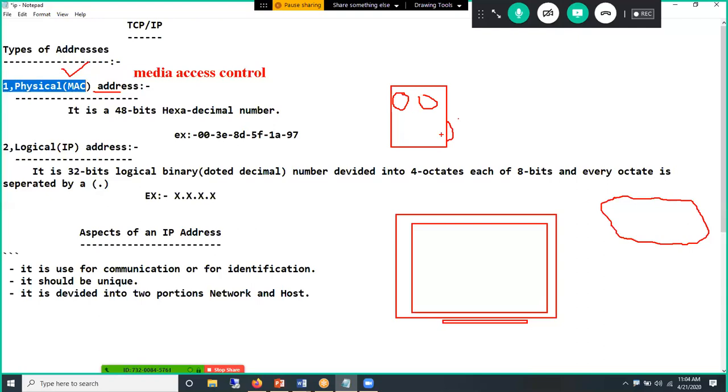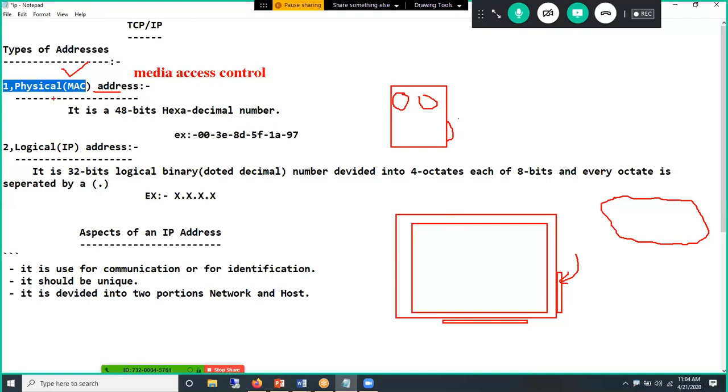Similarly, the traffic which enters or exits a computer over the network comes through your LAN card. So both these addresses we configure on the NIC card. The NIC card is the only component where you can find these two addresses. As I said, one of the addresses is by default available and one address you have to configure.